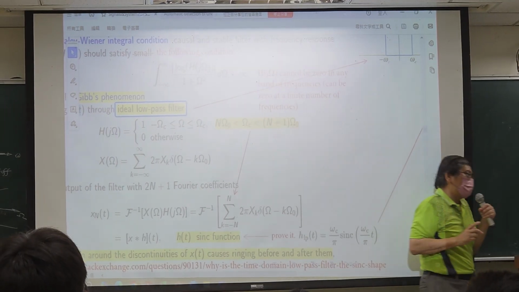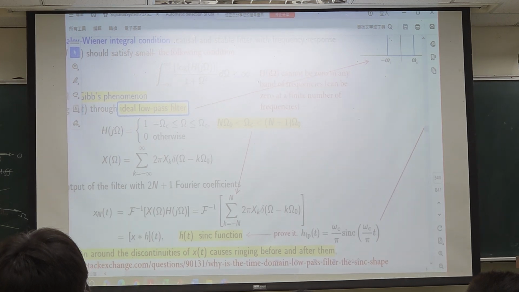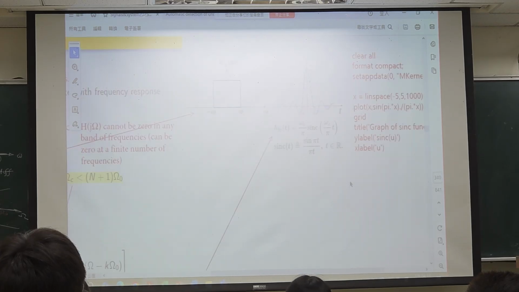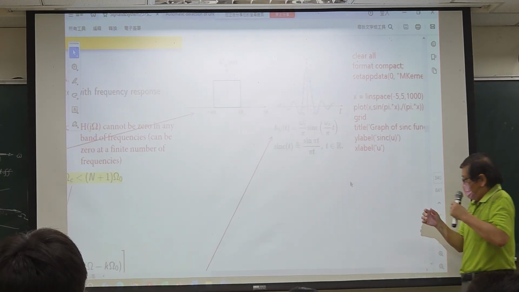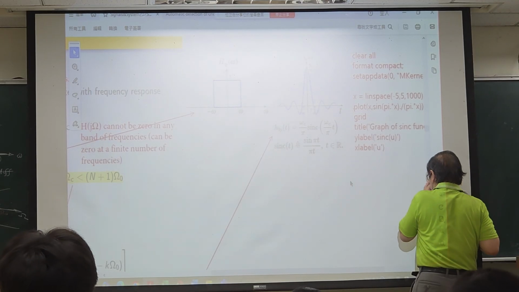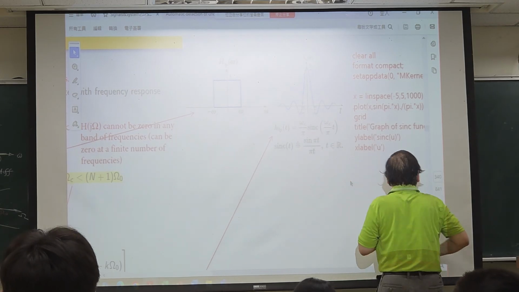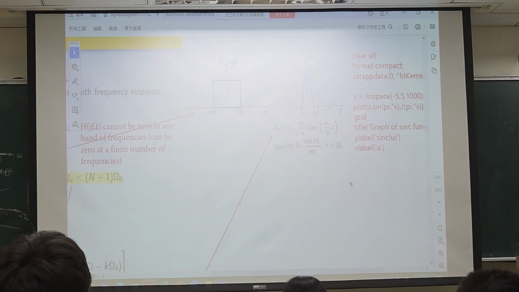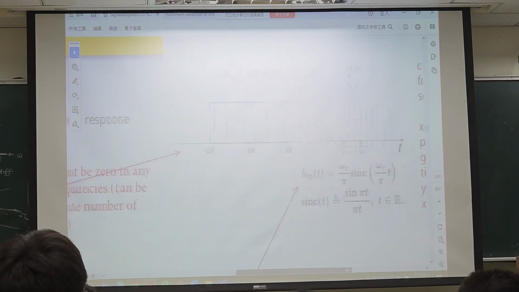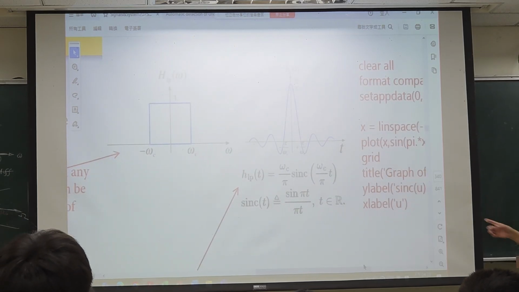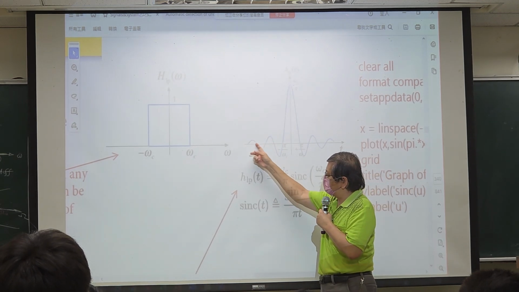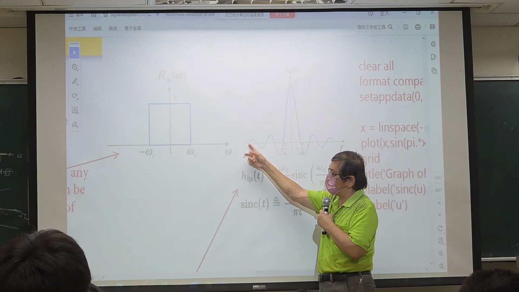But then the problem is, if you look at the time domain response of the low-pass filter, this is the time axis, and these are the times in the future that you need.